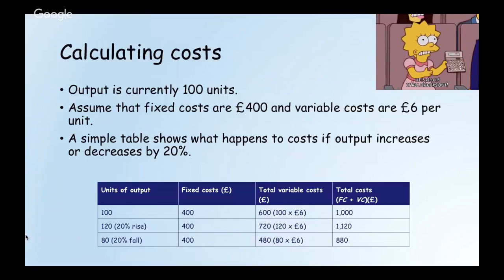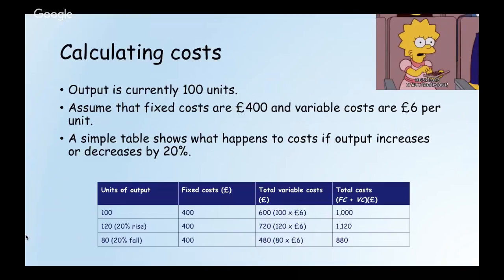If the output rises by 20% to 120 units, fixed costs remain at £400. Variable costs would then rise to 120 units times the £6, giving us £720, and therefore total costs would rise to £1,120.